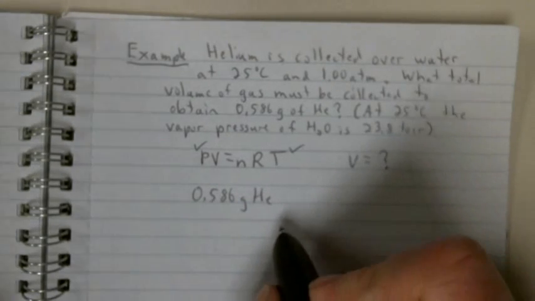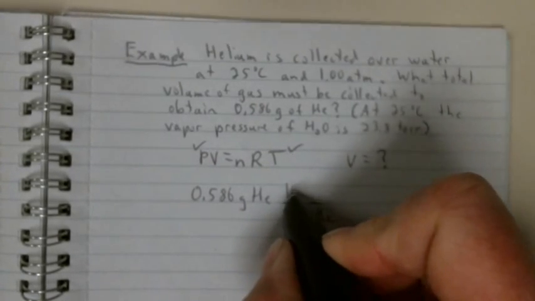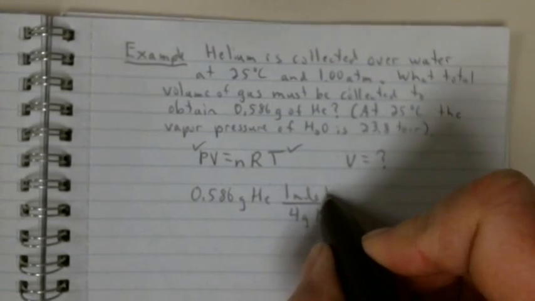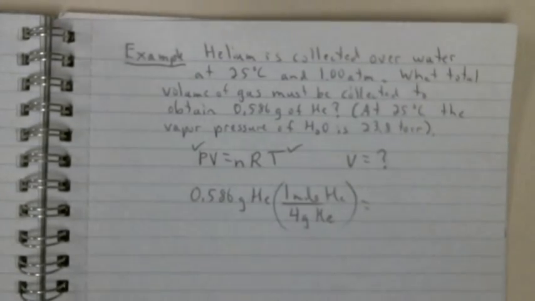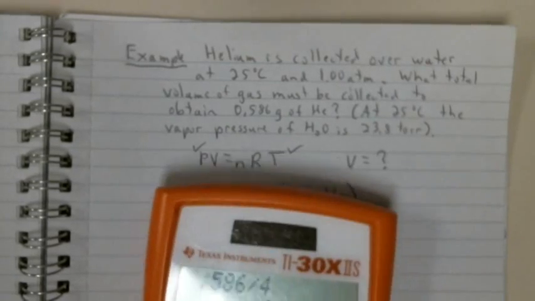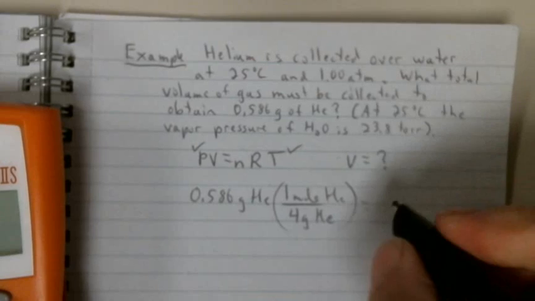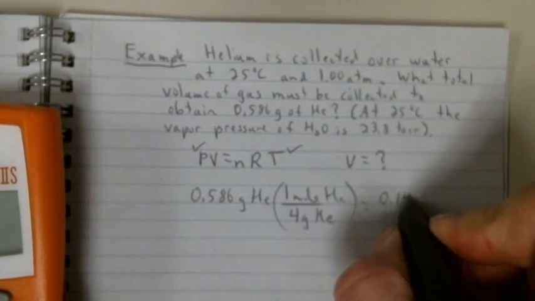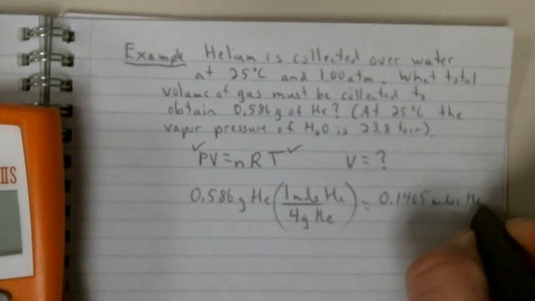So we can just do 4 grams of helium is 1 mole. That'll give us at least 3 sig figs. And we'll plug that into our calculator then. So 0.586 divided by 4. There we go, 0.1465. And that's our moles of helium.